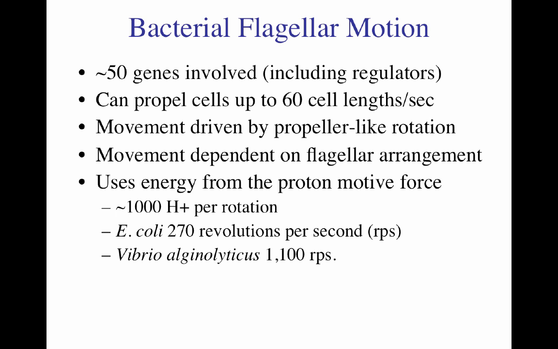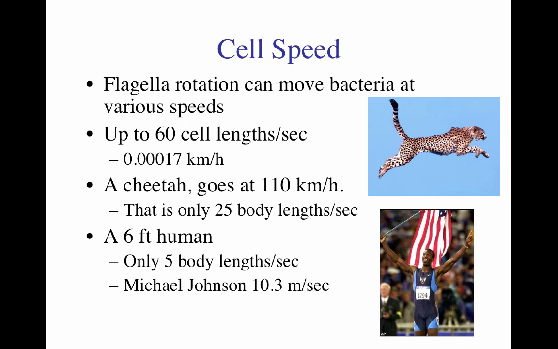Now, Vibrio alginolyticus, which is a different kind of microorganism, also gram-negative, has a much faster flagellar spinning. It's about 1,100 revolutions per second. So think about the energy cost in protons that flagellar movement requires for microorganisms.